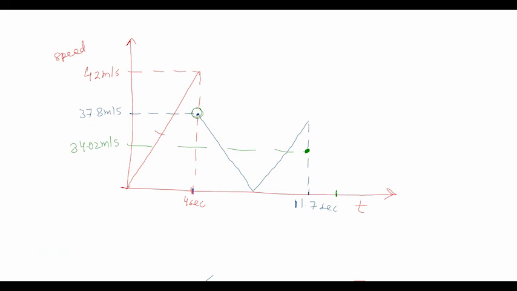This time the red part was the 90 meter to the ground, and after this at 4 seconds it hits the ground, and then it is rising up with the speed of 37.8 meter per second. It reaches a certain height and again falls to the ground.